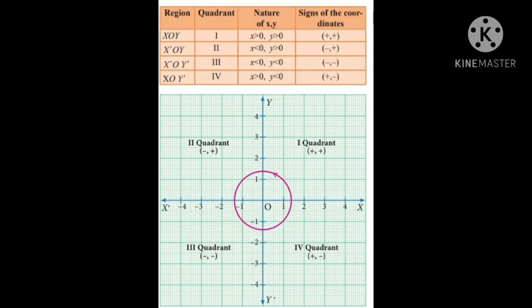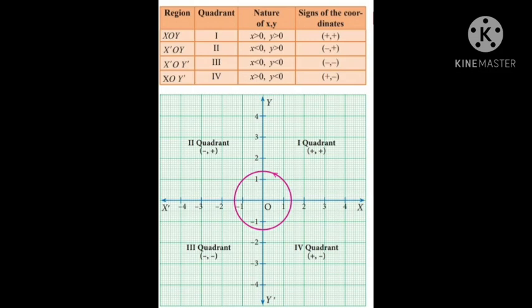Here, look at the diagram. The quadrants are given. If the point is given as an x value and a y value, and both are positive, that is plotted in the first quadrant.